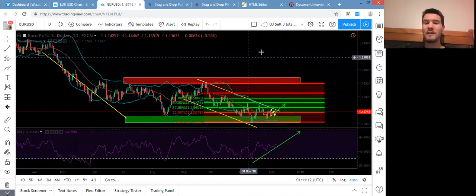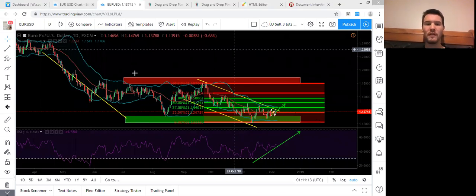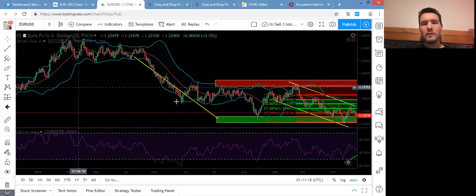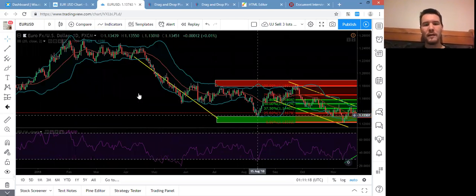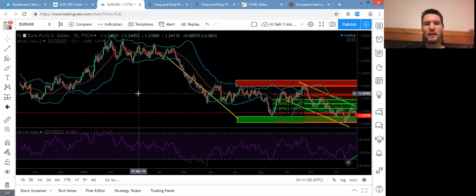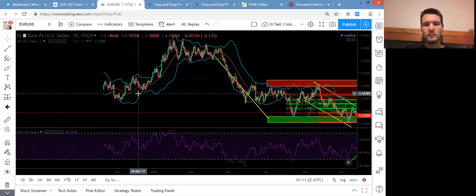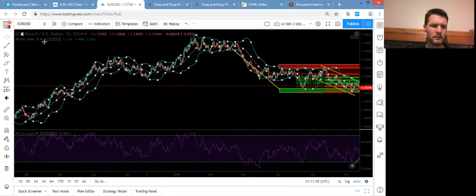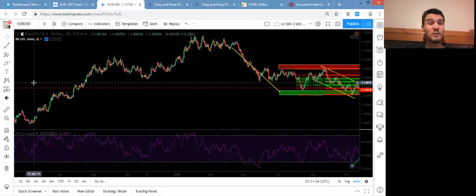Let's take a look at different examples of this historically. So if we take a look here, previous to the downtrend, we actually had an uptrend, okay? We had a pretty good uptrend, right?